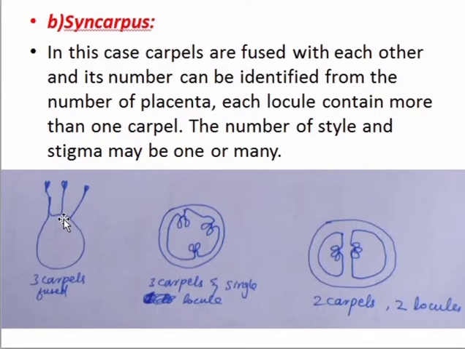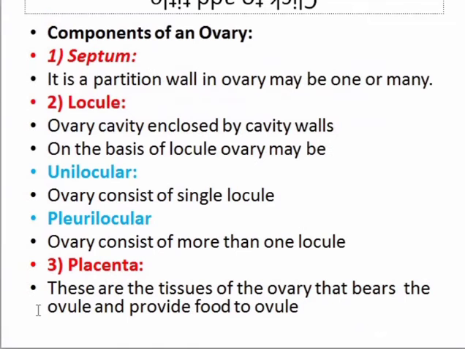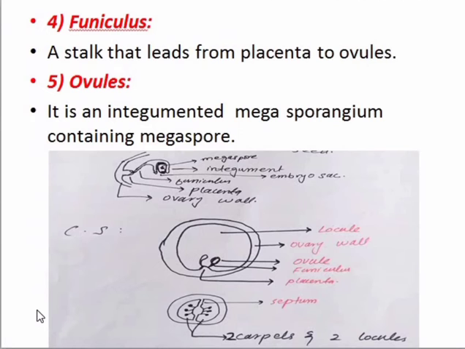The number of styles and stigmas may be one or many. Here there are three, but there can also be one, two or four. There are three carpels and a single locule, or two carpels and two locules. These are the three fused carpels.